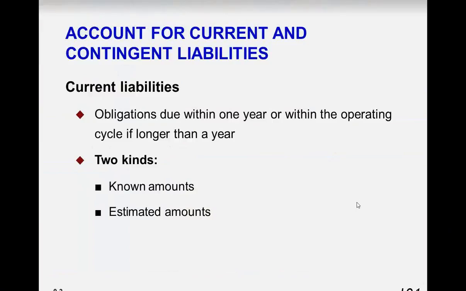There are known amounts and there are estimated amounts of liabilities. The known amounts are things like accounts receivables. Estimated amounts are things like potentially we may estimate our property tax expenses as we move forward, how much we will owe at some point in time.